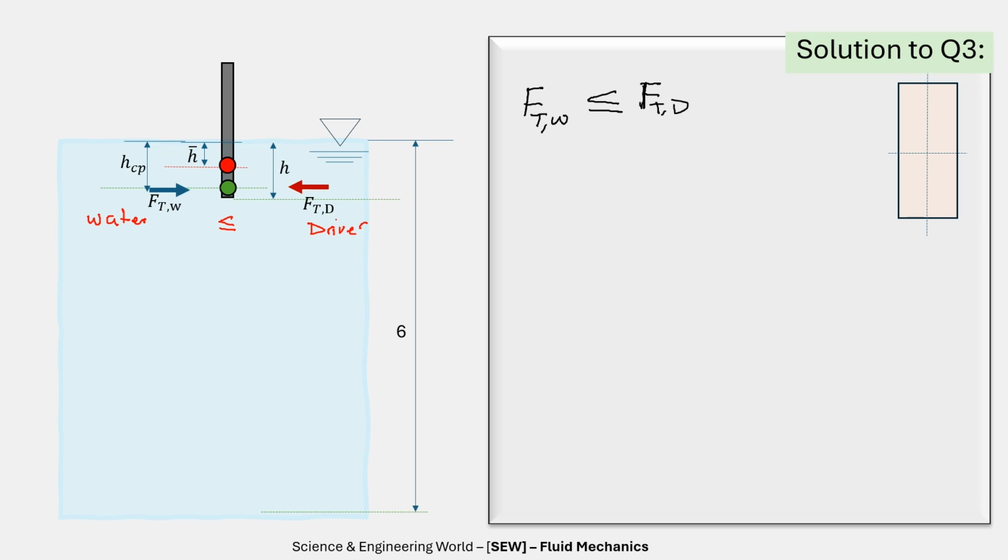From the previous video that I put the link at the top, we have seen that the force exerted by water is given as gamma H bar A, and the driver's effort is given as 1 kilonewton, which is 1000 Newton.